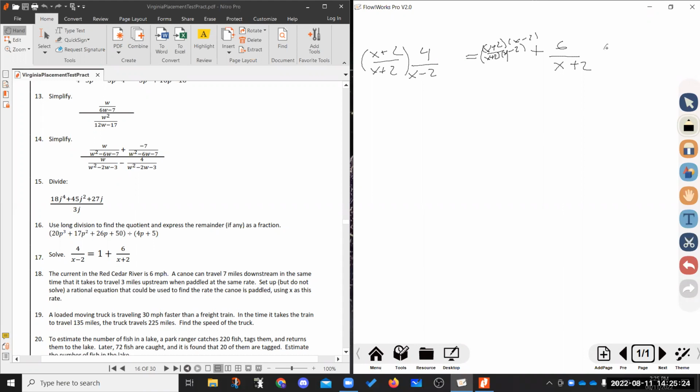Times that 1, this is going to be x minus 2 times x minus 2. So the whole numerator is going to be the same as what I had just a minute ago, and the denominators are the same.